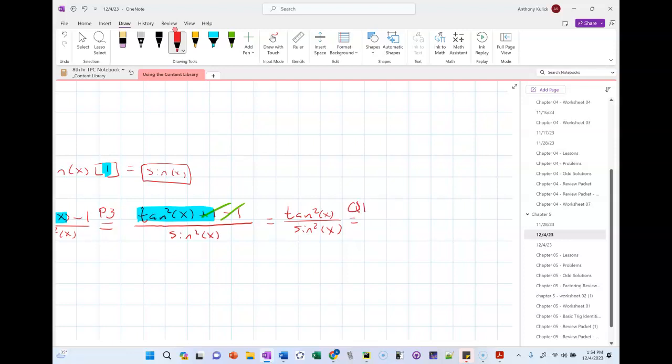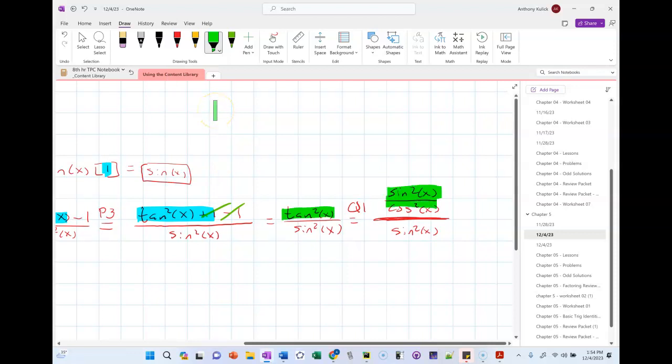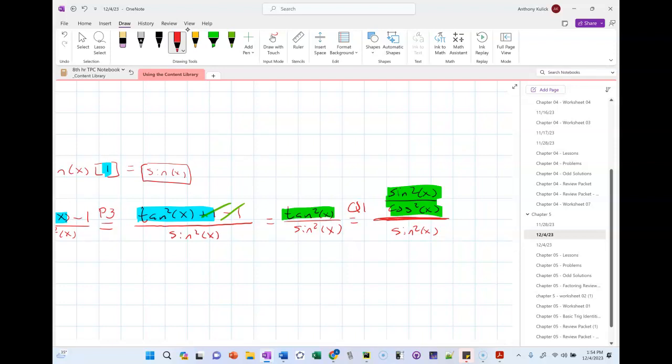So we used Q1 here. So that's the Q1 that I used. I highlighted in green what I did.